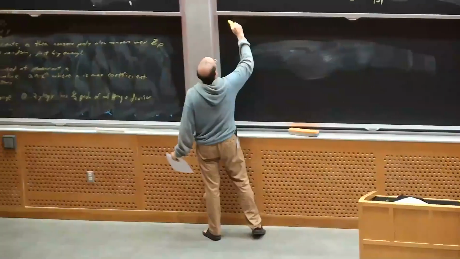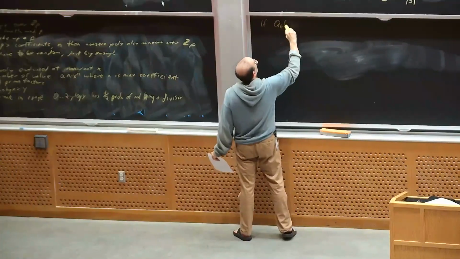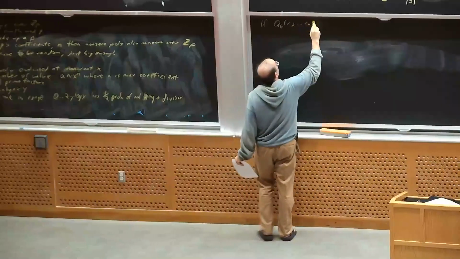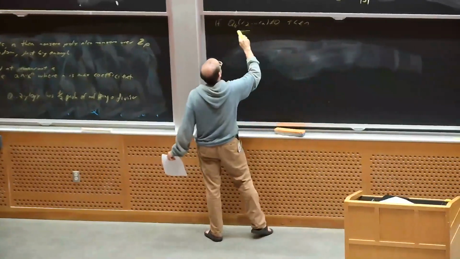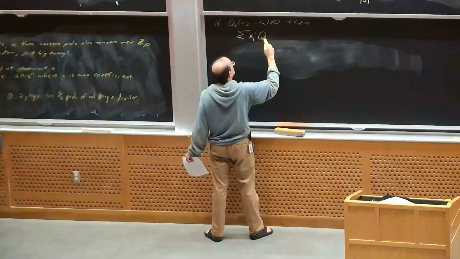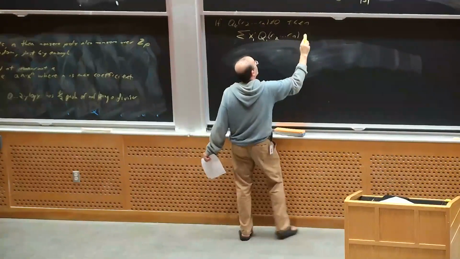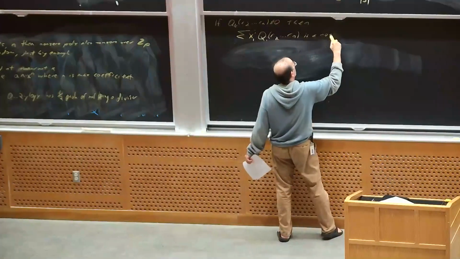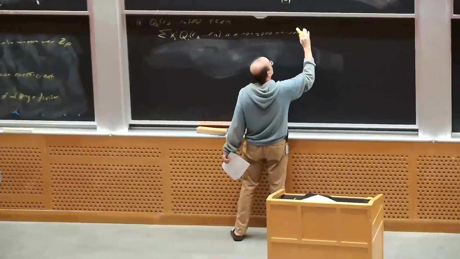Now, if qk of r2 through rn is not equal to 0, then the sum of x1 to the i times qi of r2 through rn is a non-zero univariate polynomial.